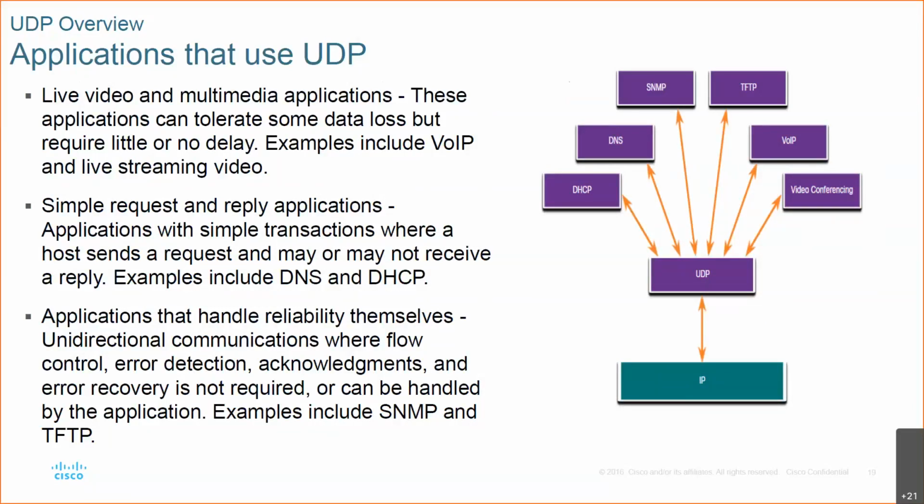You type www.netacad.com, okay, or www.cisco.com. That is the translation service that we have, okay? That works on UDP because it needs to be fast, okay? SNMP, TFTP, voice over IP, video conferencing, all of these, okay, they need to work on your UDP.